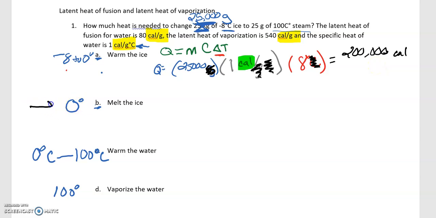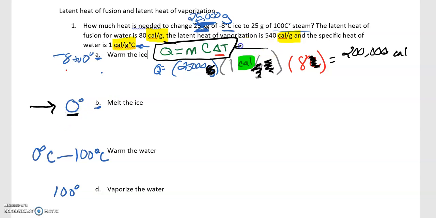Now, when we jump into this next step, where we go into melt the ice, we are not in the same situation as what we were up here. We are now in a phase change. So when we are in a phase change, our formula changes slightly. And one way to think about it is during a phase change, there is no temperature change.